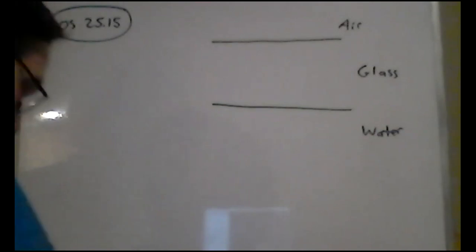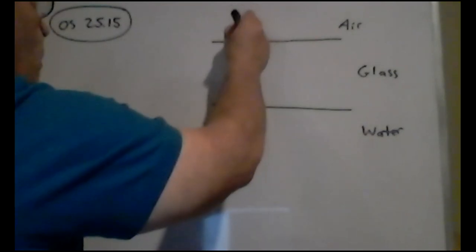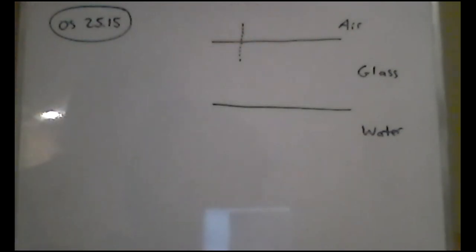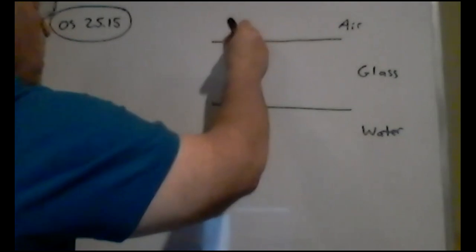Now we have a couple different refractions going on. We have a normal at the air-glass interface, and there is a ray of light coming in.